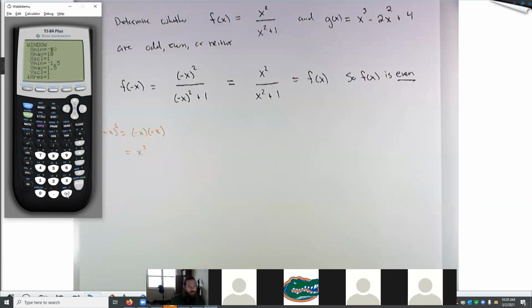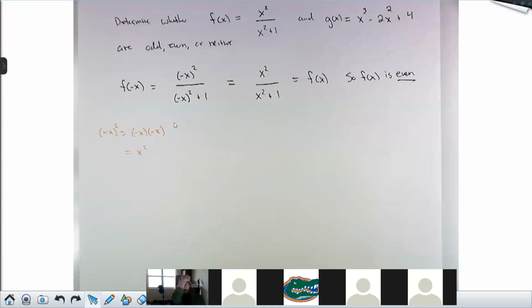Negative 10 to 10 is fine for these. The y values are not nearly big enough. Let's change this negative 50 to 50 or something. You get something like this, right? And this doesn't exhibit any sort of symmetry. So I don't think that this is going to be even or odd.